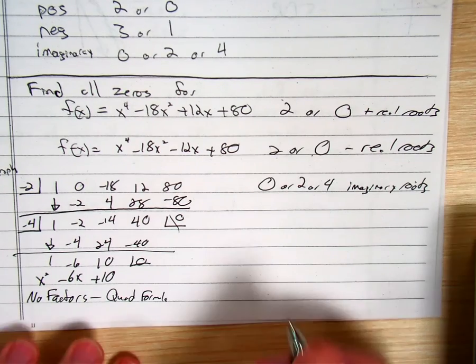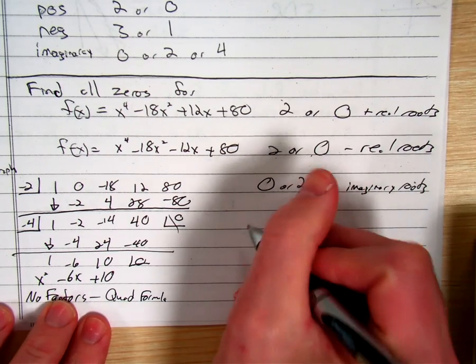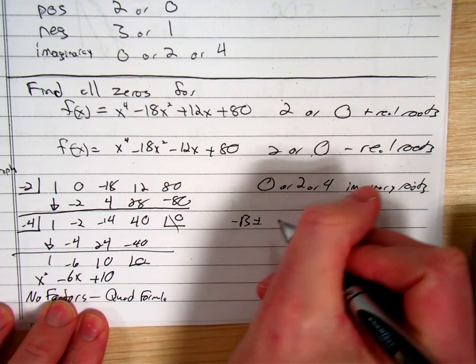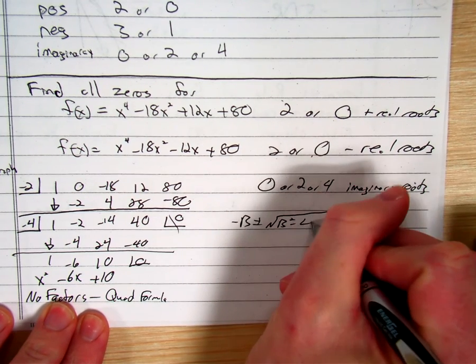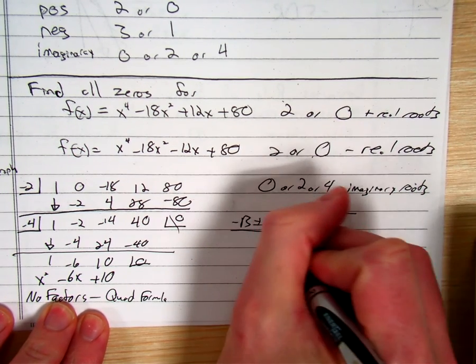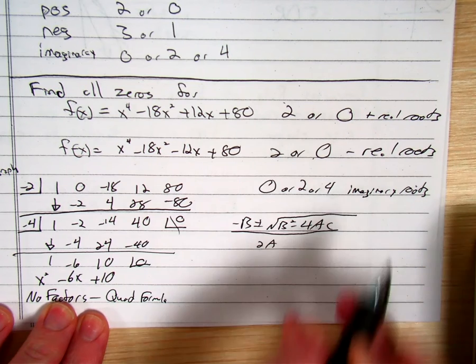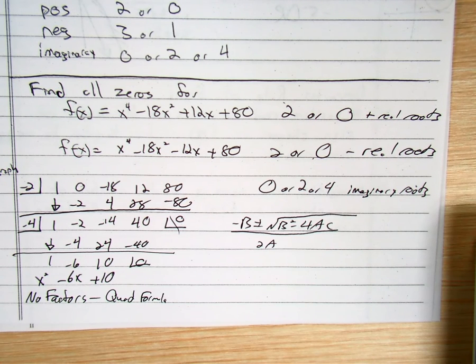Well, let's see if I can reach around the computer here. Okay, our quad formula, we got -b plus minus square root b squared minus 4ac all divided by 2a. I'm using capital letters because you know how bad my little lowercase letters look. They're easily confused with some numbers. Alright, so let's drop these in.